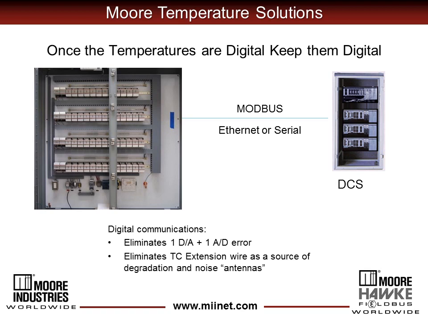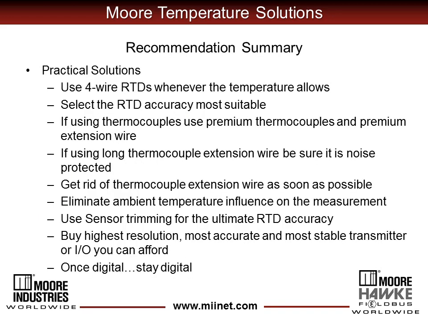Using transmitters and remote I/O is becoming a common theme. So let's just take another minute and summarize the practical steps we can take to improve our temperature measurement error. Remember, these steps also improve the stability of the measurement, which minimizes calibration expenses.